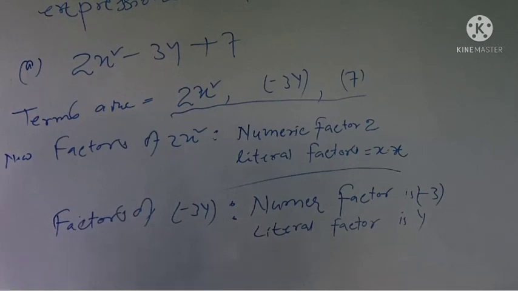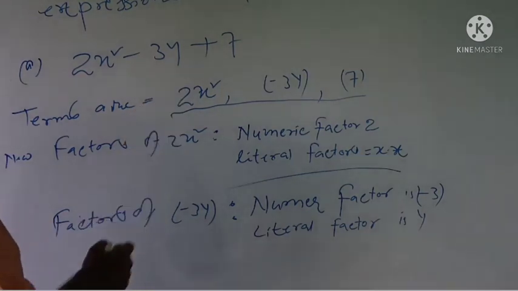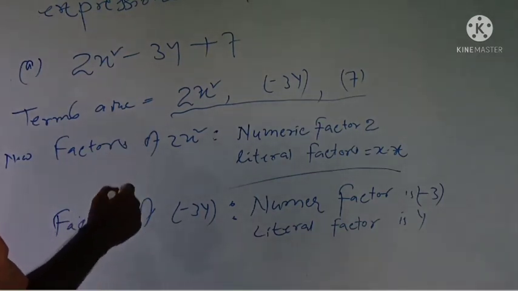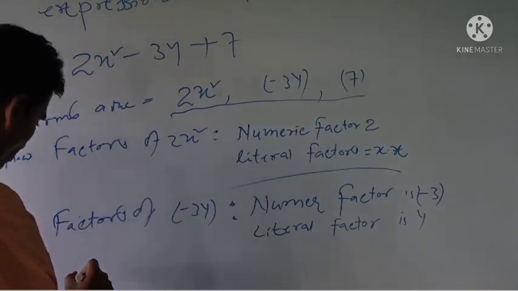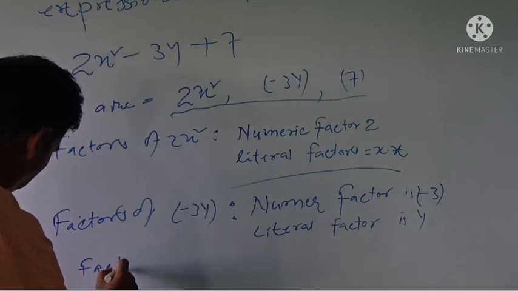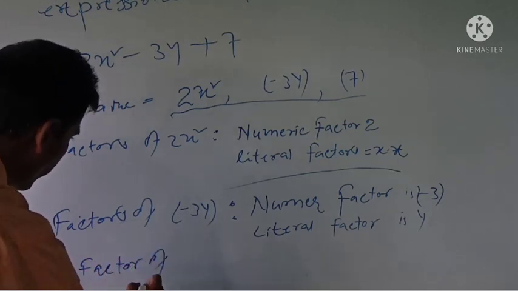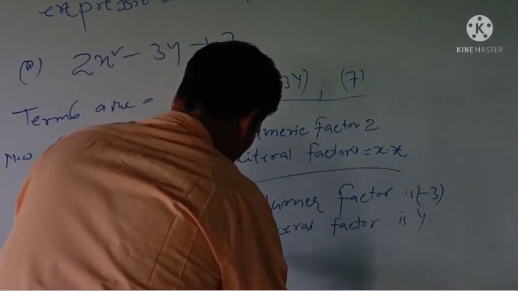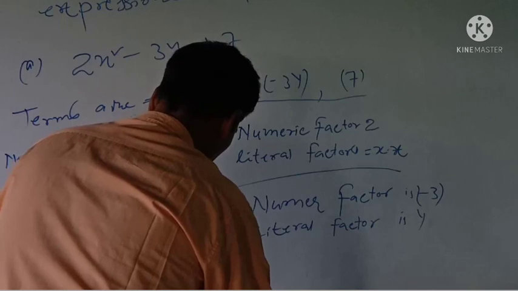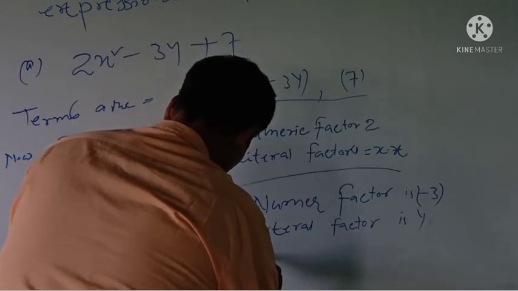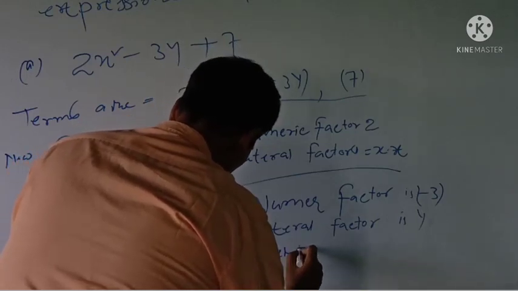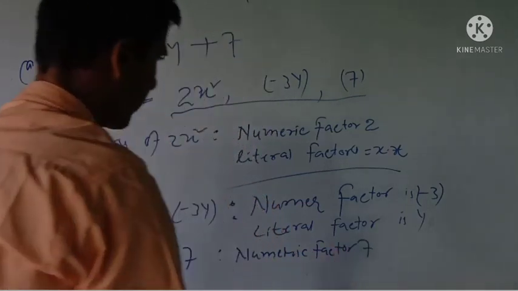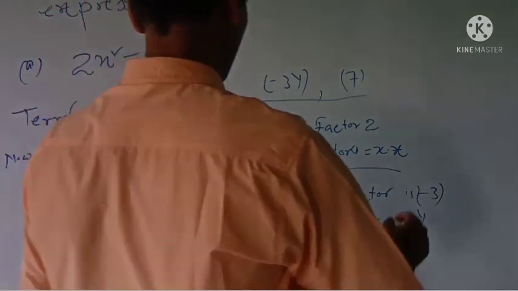The third term we got is 7. So the factor of 7 is the numeric factor 7.